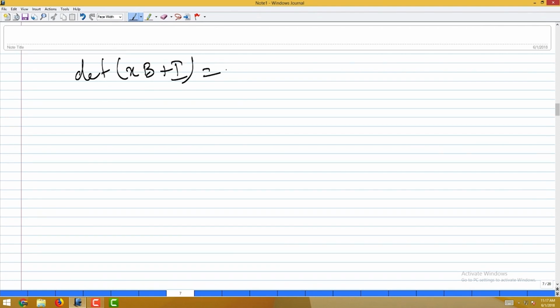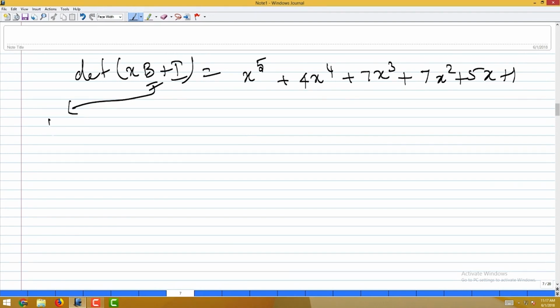I will give you the polynomial, you can verify it. It is going to be x to the power 5 plus 4x to the power 4 plus 7x cubed plus 7x squared plus 5x plus 1. You can cross check this. This B is for the example considered, right.